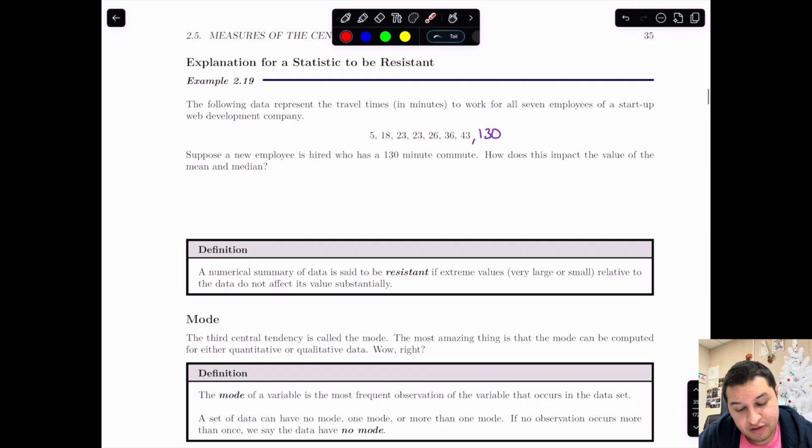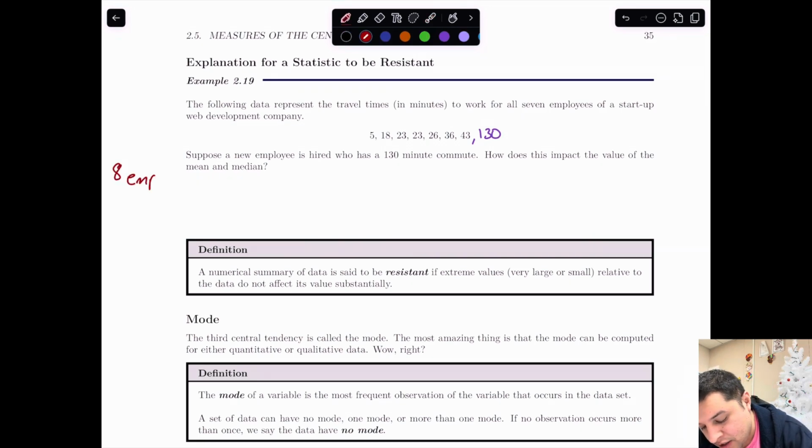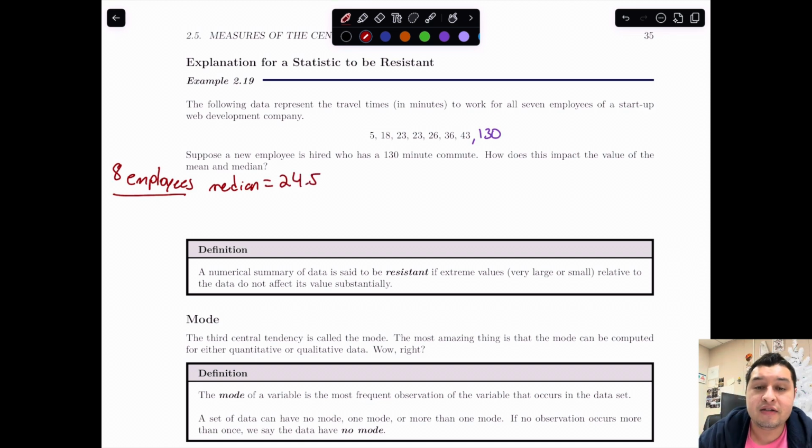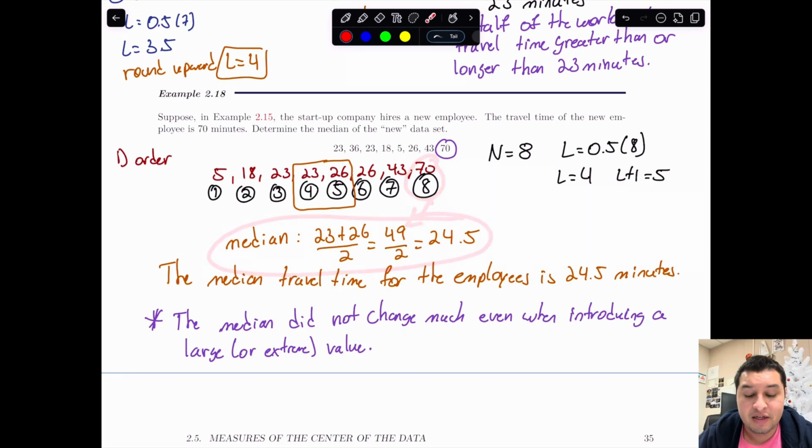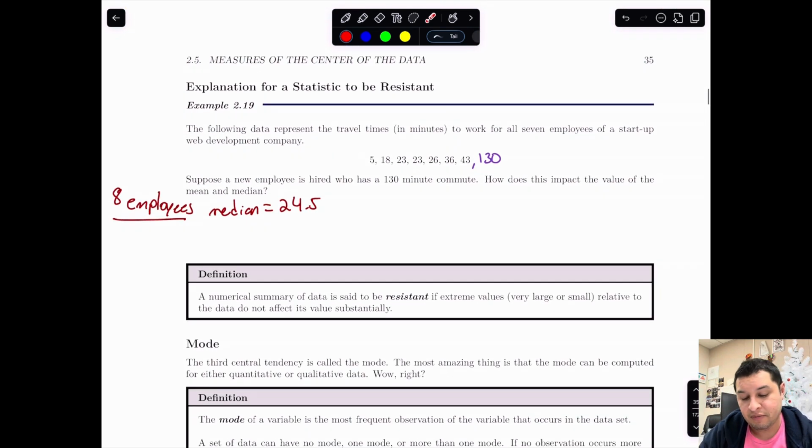So even when we have these 8 employees and we find the median, it's still going to stay exactly the same as when we had the 70-minute person. It's still going to be 24.5. Why is that? Because the 130 is still just as big as the 70, if not larger, but the 70 didn't do anything to my actual median itself. So it's just going to stay exactly the same here.